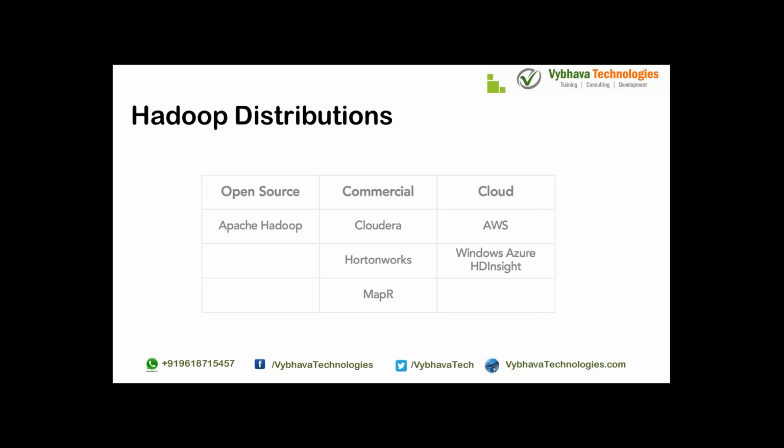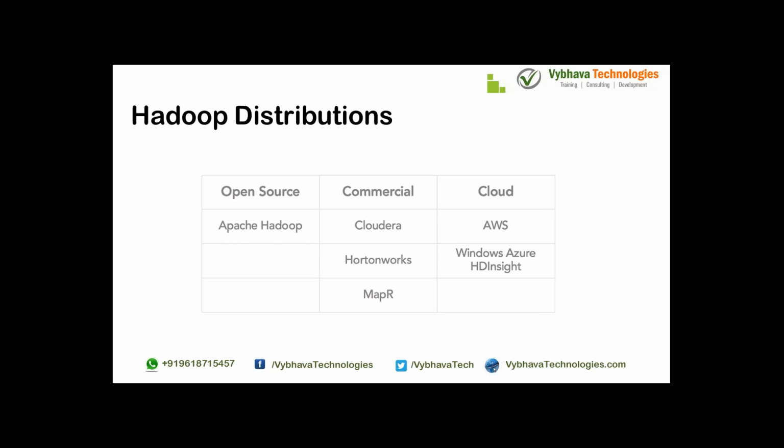On which distribution are we going to have the lab or practical sessions? I am going to work with Apache Hadoop. If you want, we can go with Cloudera also. And I can show the interface of MapR, which we have in the test environment.